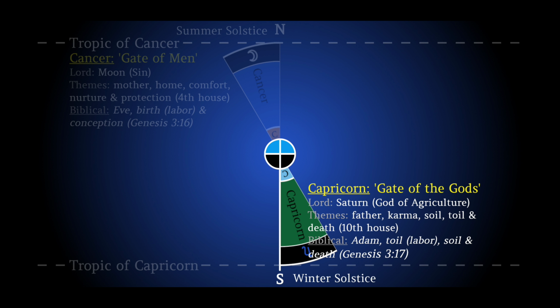But what you need to be able to take away from here is that all the associations of Eve and Adam, as far as their curses go, birth and death, correlate exactly to the T with the Tropic of Cancer and the Tropic of Capricorn, or the Gate of Men and the Gate of the Gods. Unmistakably.